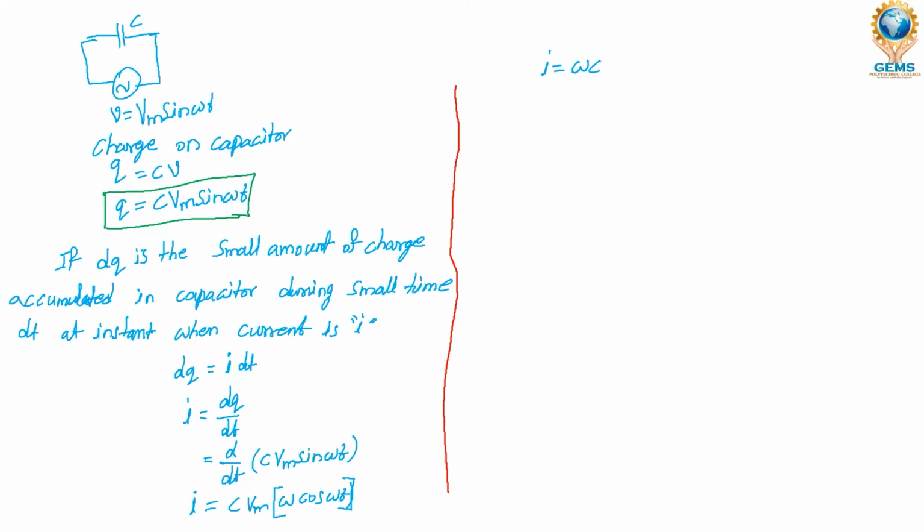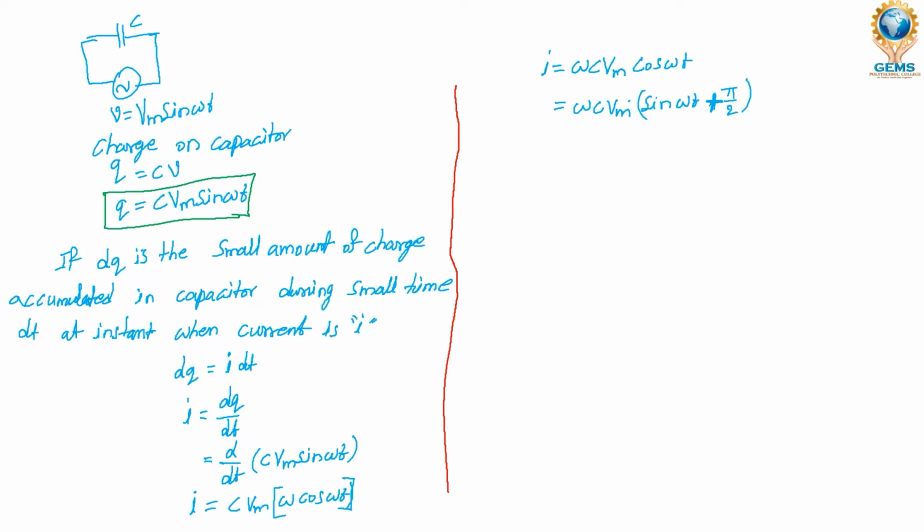I equals to omega C into Vm into cos omega t. We can write cos omega t like this: cos omega t equals to sin omega t plus pi by 2. This is plus pi by 2.